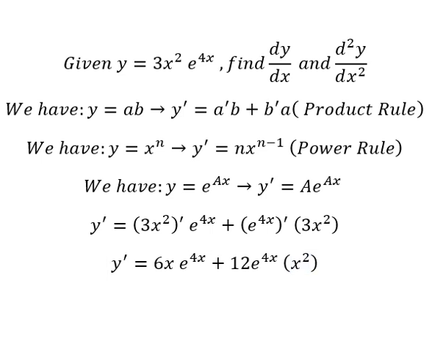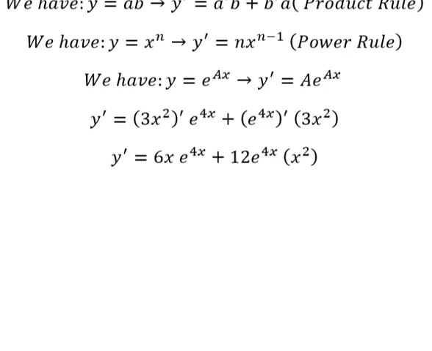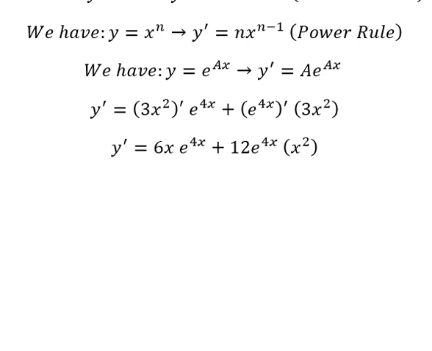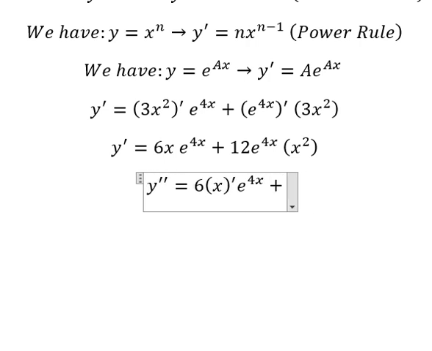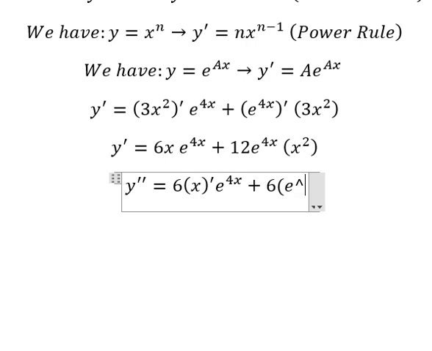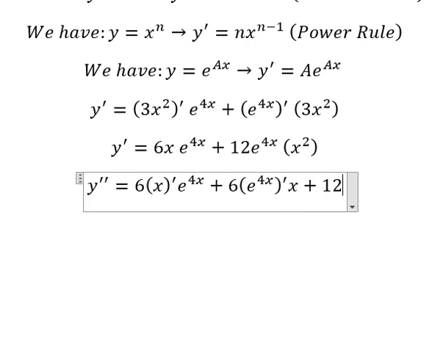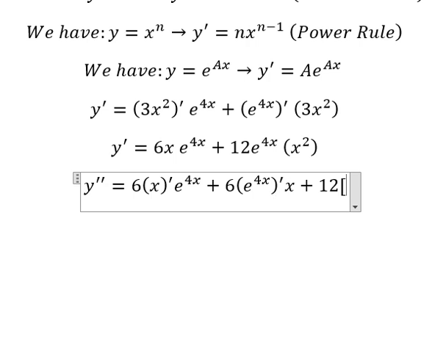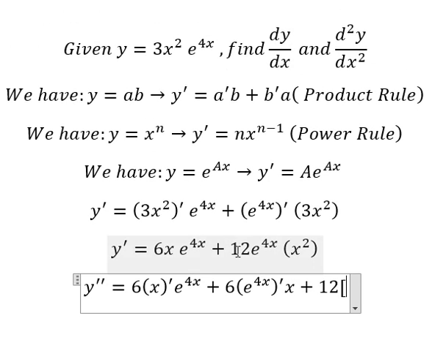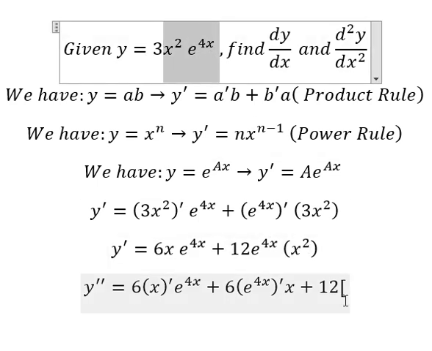Now we can apply for second derivative. So if we look carefully at this one, e to the power of 4x with x squared is similar to this one in here.